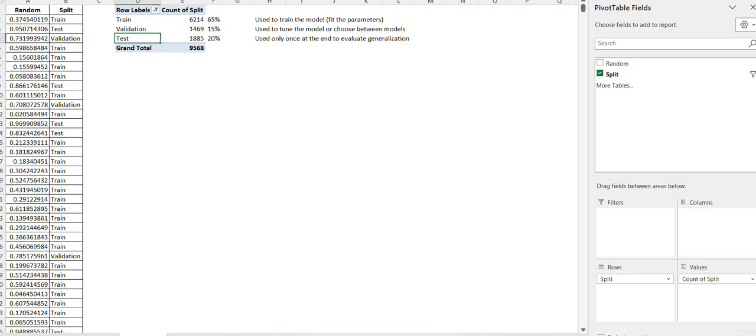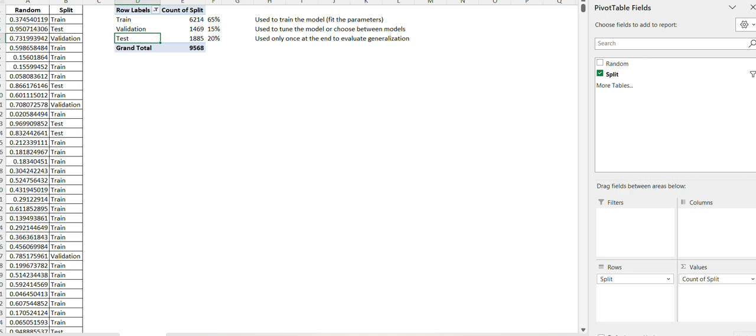The idea behind this is to mimic the real modeling process, where we don't evaluate our model on the same data we trained it on. Randomization helps ensure that the split is not biased in any way. The first portion, the 65% training data, we use to train the model and fit the parameters.